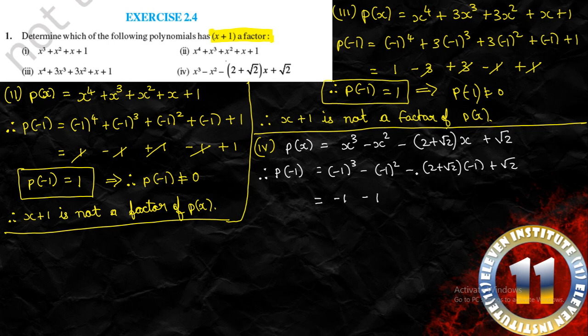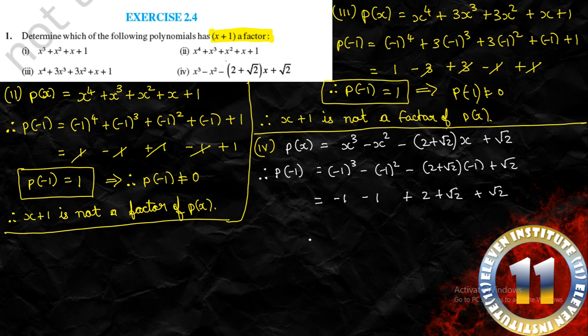Now this minus and this minus will multiply, and minus minus will become plus. So we can remove the bracket and we can write 2 plus root 2 as it is. Fine. And finally we have over here this plus root 2. Clear? So now on solving this, what do we get?